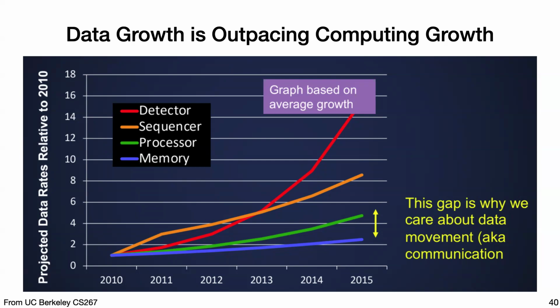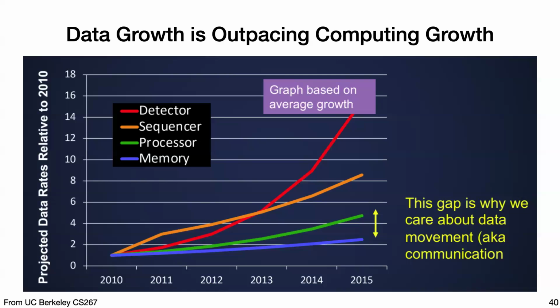Green is the processor speeds, so how fast is the clock rate in our machines increasing over time? And blue is memory speed, which is how fast we can transfer data from memory to processor over time. You can see the detector is faster than the sequencer, so we are generating data faster than we can process it into human readable form. And the processor speed, which is how many cycles we have to process this data, is also slower than the growth of data.